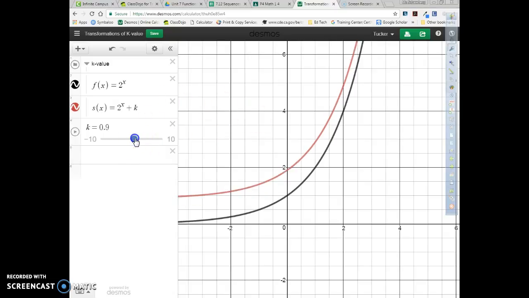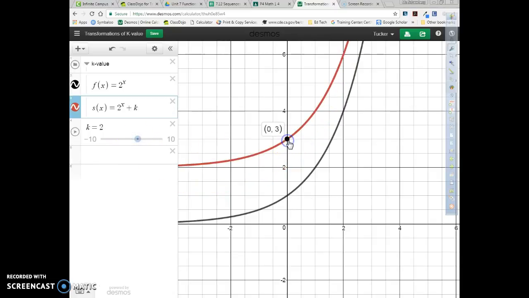So k is 1, and I really want to point out here the intercepts. So notice the intercepts. This is how you judge your vertical shift and your k value. So notice that my intercept is 1 unit higher here. What happens if my k goes to 2? Well, then my intercepts here, 0, 3, 0, 1, notice it's 2 values higher.